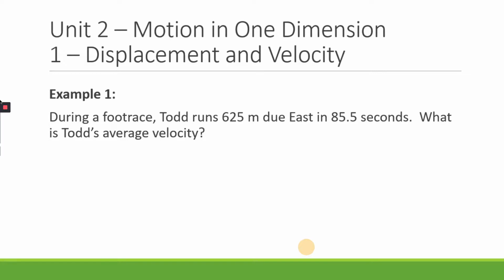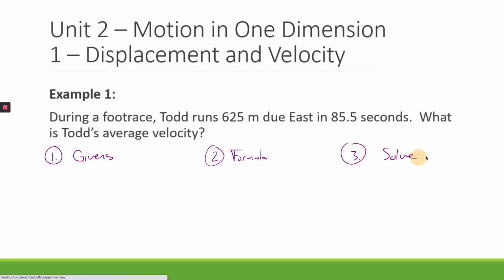The first step is to list your givens. Step 2 is to provide some sort of formula. And step 3 is to actually solve that problem. Now, every physics problem we do all year, you're going to do in those 3 steps.